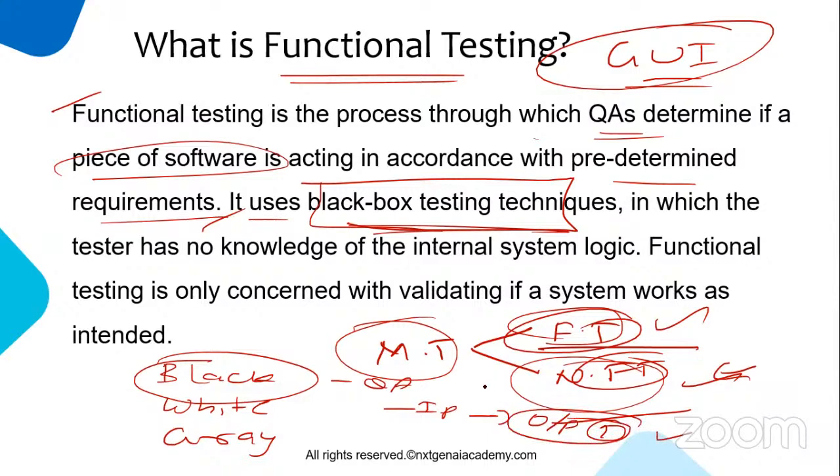The testing team will never worry about the coding. It is not at all important for me what is internal, whether you use Java or Python does not matter for me. I give a value and check whether that age is accepted or not. That is my front end testing. So I'm giving an input and checking for the expected output, not the code. We call this black box testing.